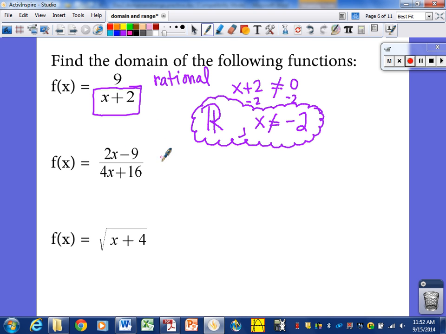Okay, this next one, are we ready to go on? Okay, this is also a rational function because the variable is in the denominator. It's also in the numerator, but it has one in the denominator. As long as there's one in the denominator, you have to restrict it. So what number are we restricting in this case?